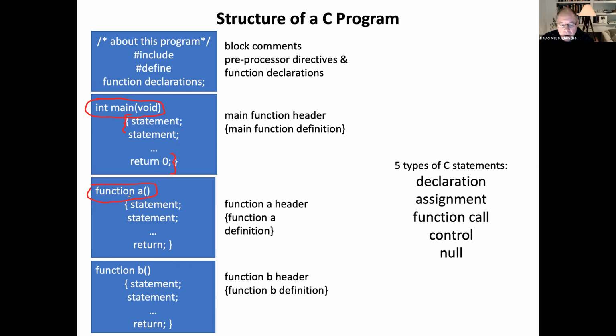Then I have a curly brace, a bunch of statements, and a closing curly brace. Down here, I may have a function B. I've just chosen to call them A and B. So this is a program comprised of three functions: main, function A, and function B. I just want you to appreciate that the functions are the building blocks of a C program.